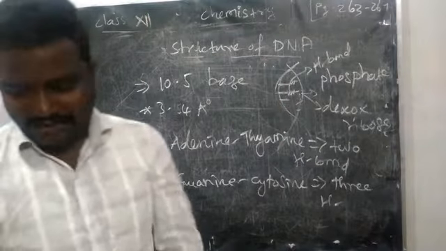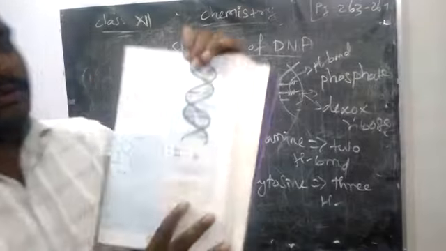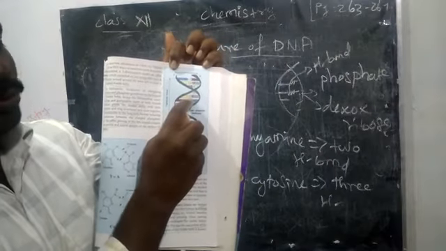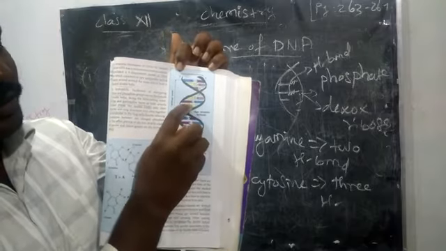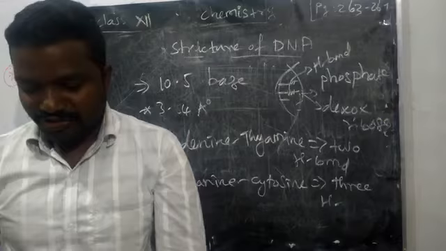If you look closer at the helical structure, thymine and adenine have only two hydrogen bonds, while cytosine and guanine have three hydrogen bonds.